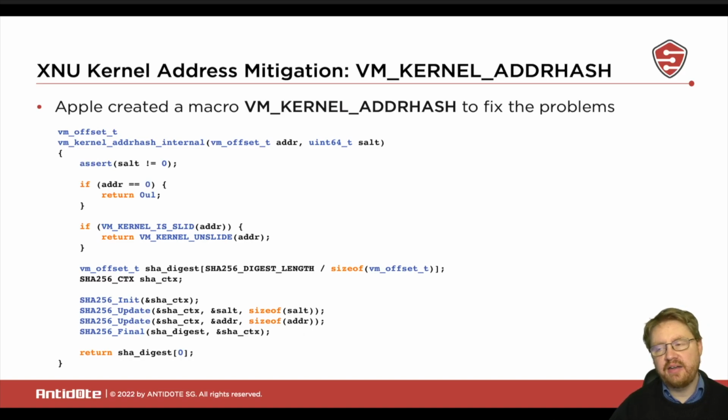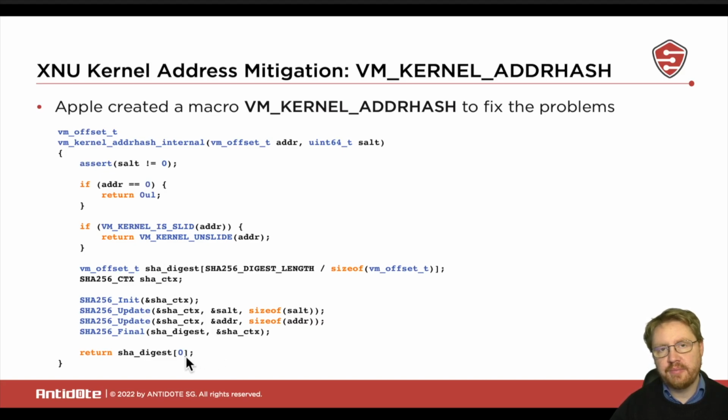Regarding the address, it will actually detect if the address was ASLR slid or not, and if it was, it basically removes the ASLR slide and returns the address instead. So the hashing will only be done on actual real addresses that are not coming from inside the kernel binary.